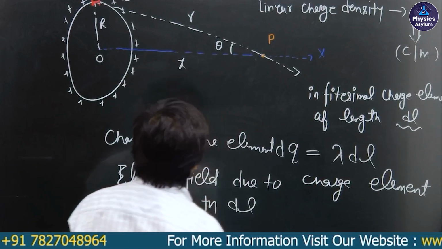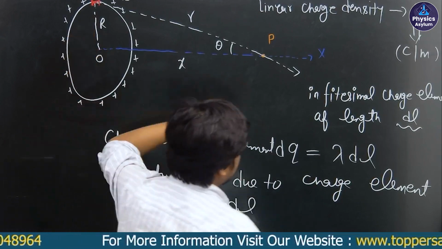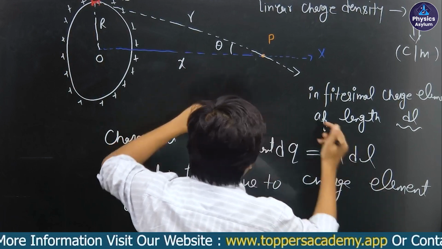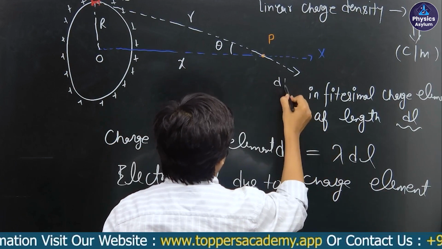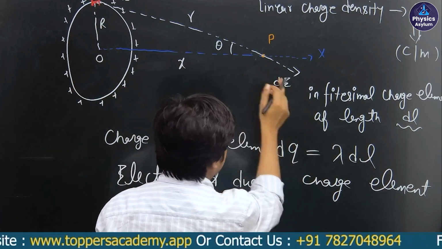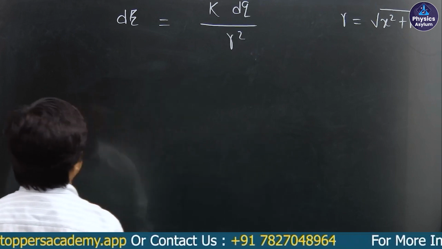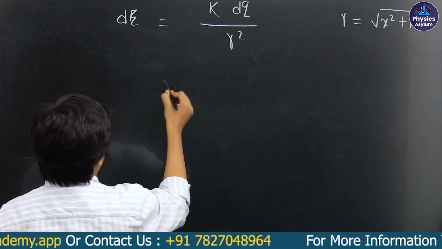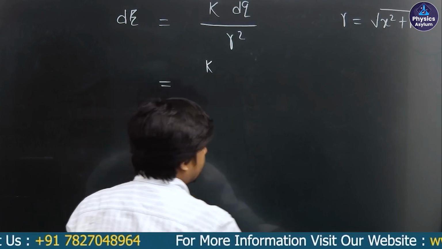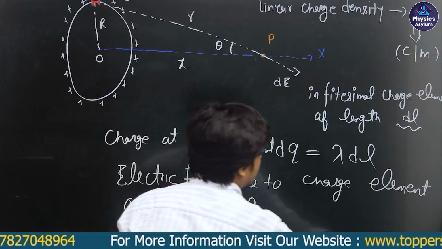So this will be your electric field due to this charge element, and that will be in this direction. So this will be equal to what? If I put the value of dq here, then what is dq?